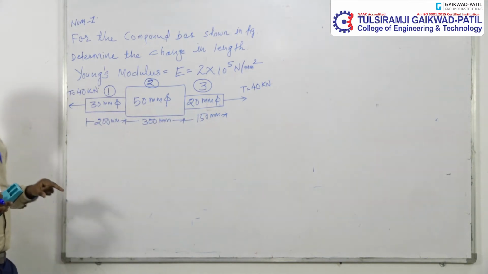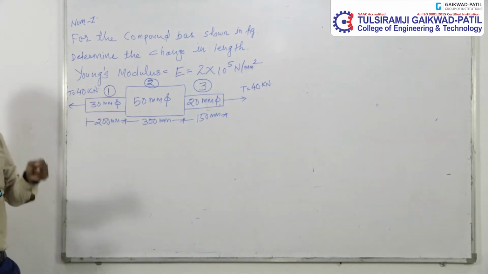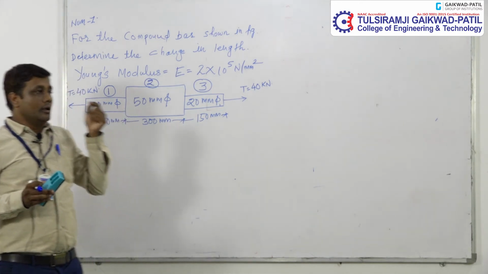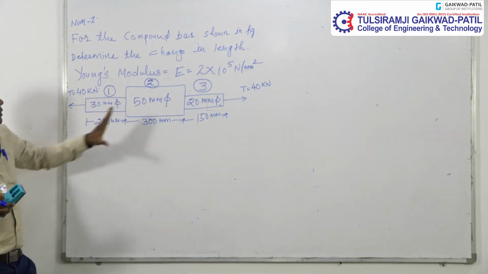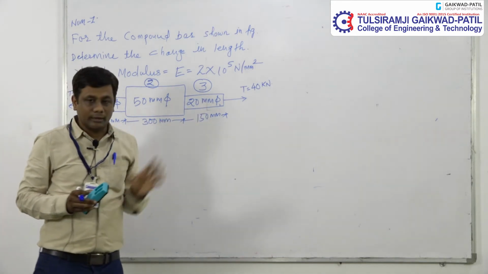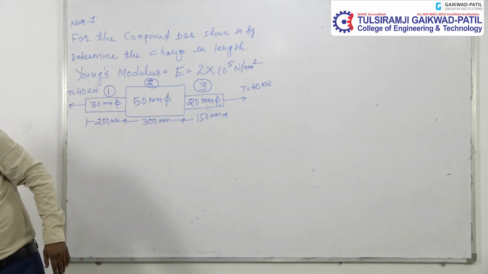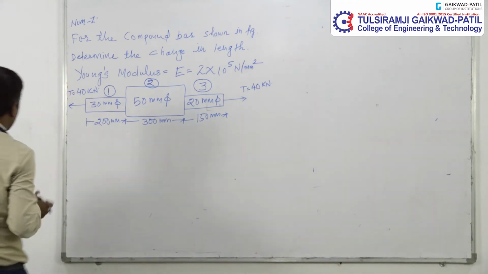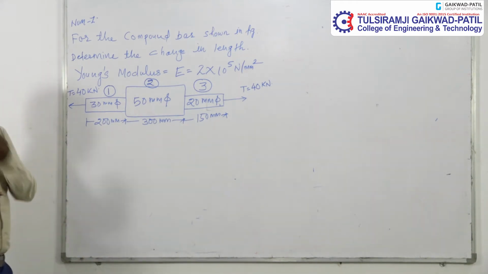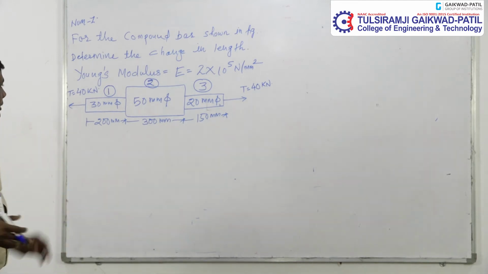So if you want to calculate the change in length, you have to separately calculate the tensile load on each material. So how to calculate the tensile load on each material? For calculating the tensile load on each material, we are going to draw the free body diagram. Once we draw the free body diagram, we can separately calculate the loads.